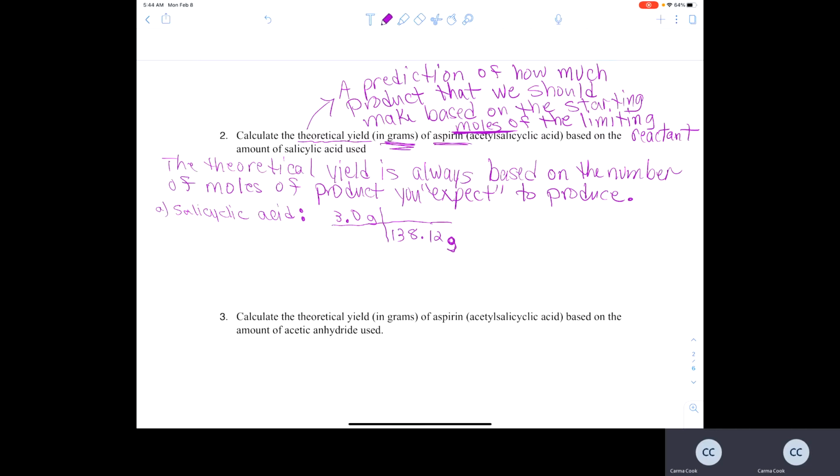We want to convert the grams to moles, so moles, and I always abbreviate mole M-O-L, go in the numerator, and we see that our grams cancel. So we do our math, 3.0 divided by 138.12. We get 2.17 times 10 to the negative 2 moles, and I'm going to abbreviate salicylic acid SA.